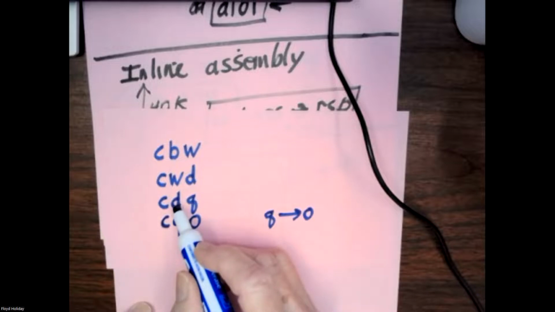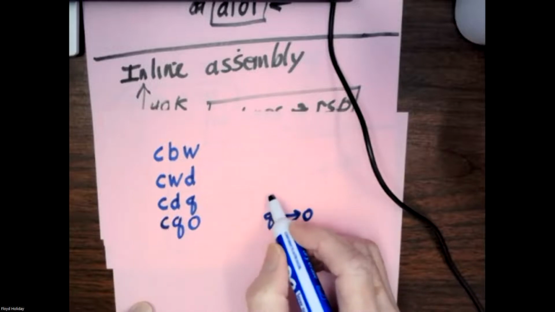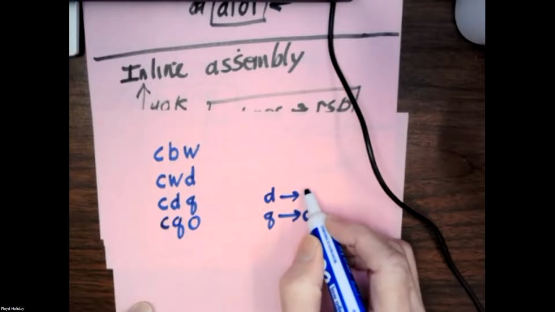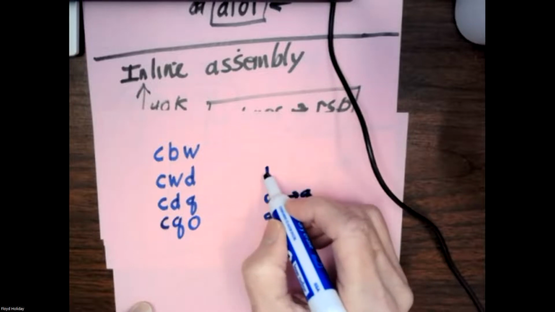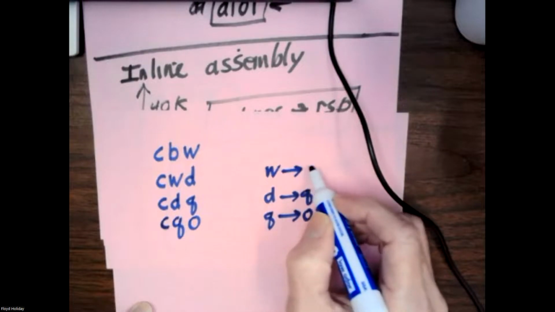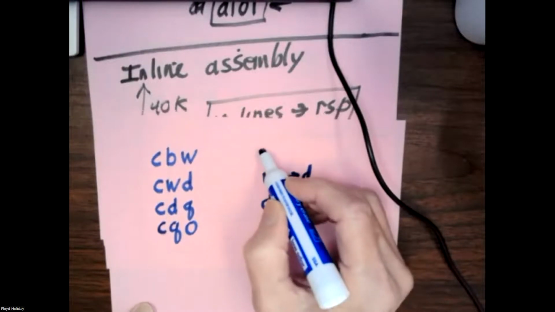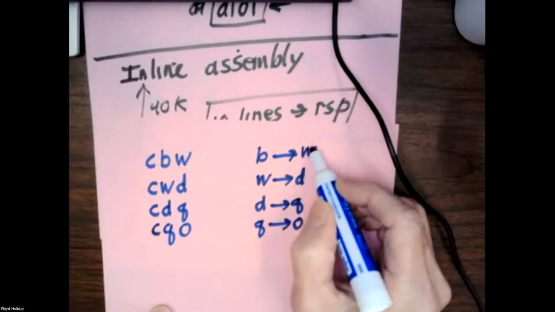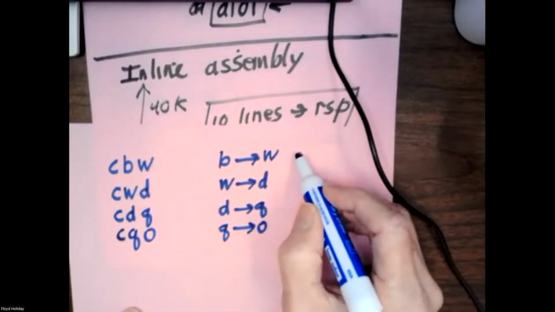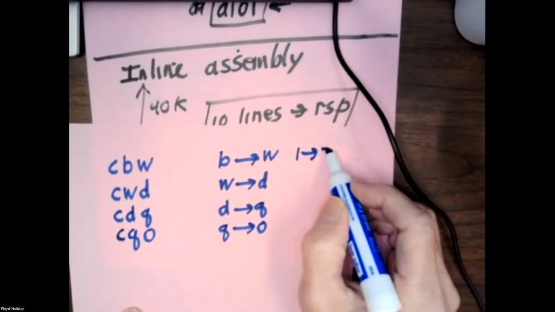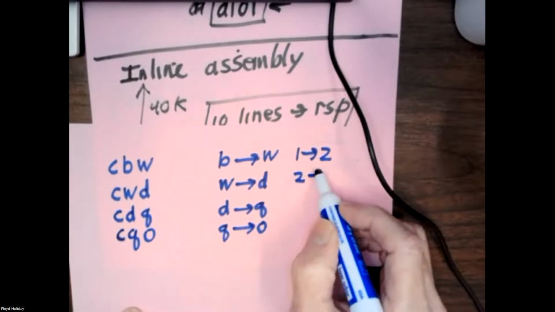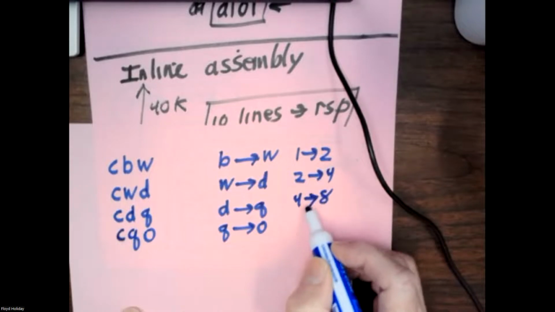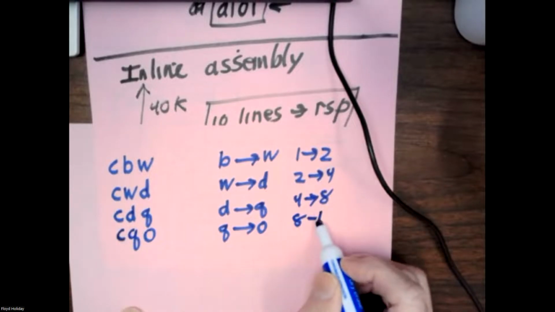This one means double, and that's quad. So this is from double word to quad word. And then you can see this is from an ordinary word to a double. And this is from a byte to a word. Or if you like to think of it as 1 byte to 2 bytes, 2 bytes converted to 4, 4 converted to 8, and 8 converted to 16.